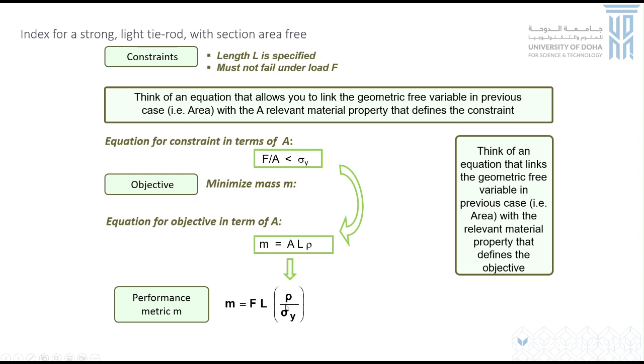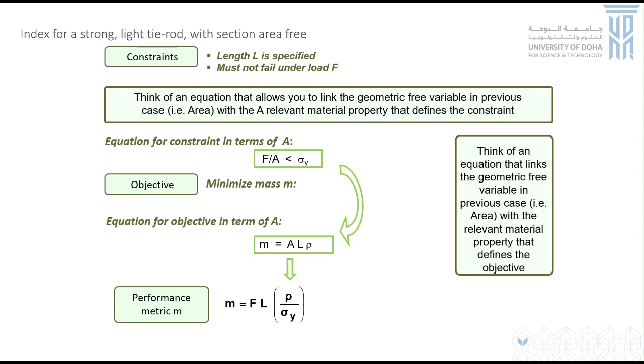So you can choose a material that has a lower value of density and a high value of sigma yield to minimize this overall function. So you are not looking at the properties separately. You are looking at the overall function being minimized, right? So this is what is then the material index.